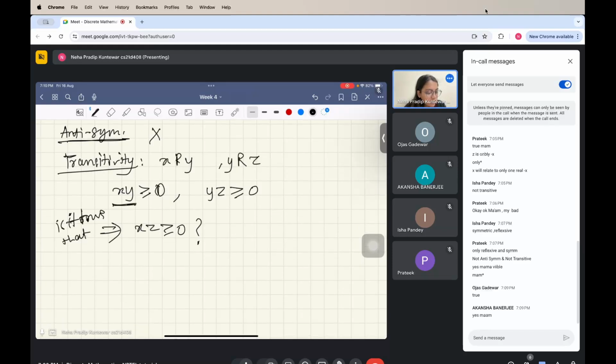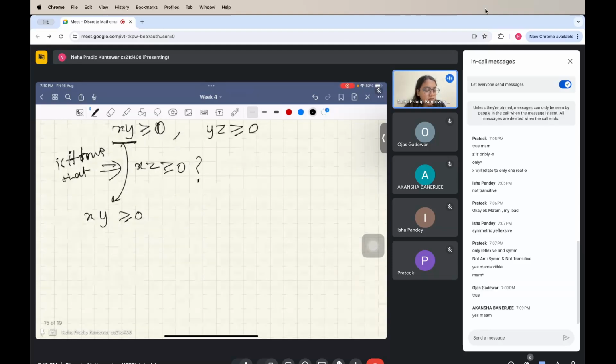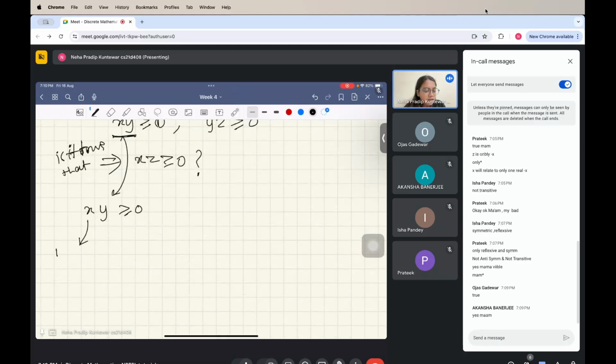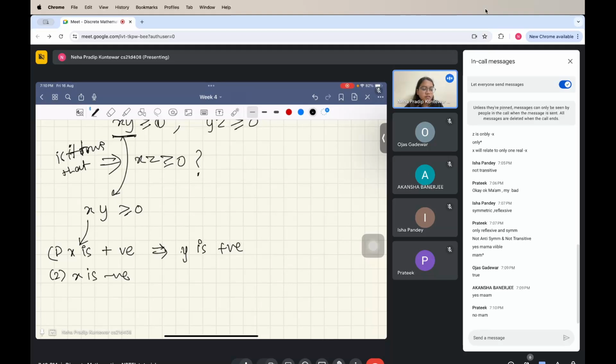So why is that? Let's say xy is at least 0. What that means is either x is positive or x is negative. In that case, y has to be positive, because if x were a positive number and y were a negative number, and you multiply them, you would end up getting a negative number.